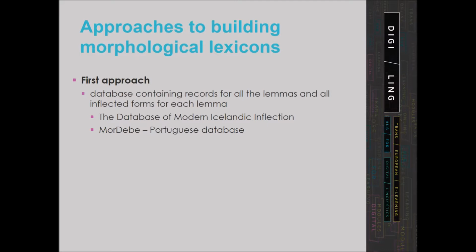The first example for this approach is a database of modern Icelandic inflection, a collection of 2,700 paradigms with about 5.8 million inflectional forms, in other words, word forms with grammatical tags. The record for each word in the database contains all variants of the stem and information on which parts of the full paradigm are applicable in each case.